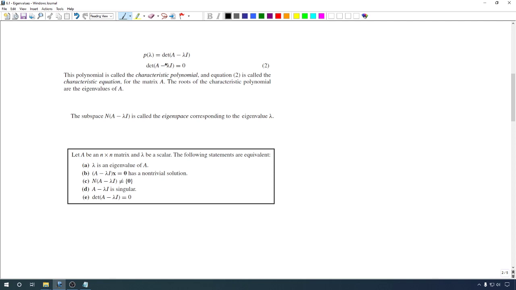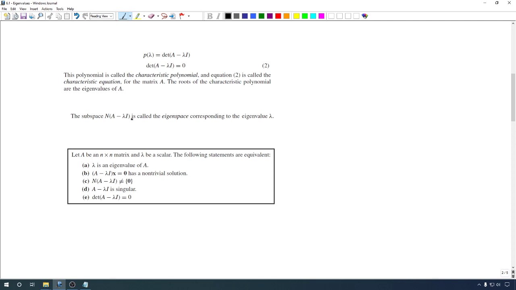In fact, if A is an n by n matrix, it'll always be a polynomial of degree n. We are going to call that the characteristic polynomial of the matrix. And there are things you can do with the polynomial itself, but most of what we're going to be doing is setting that polynomial equal to 0 and finding the solutions for lambda. It's a polynomial in lambda, and those roots are the eigenvalues of A.